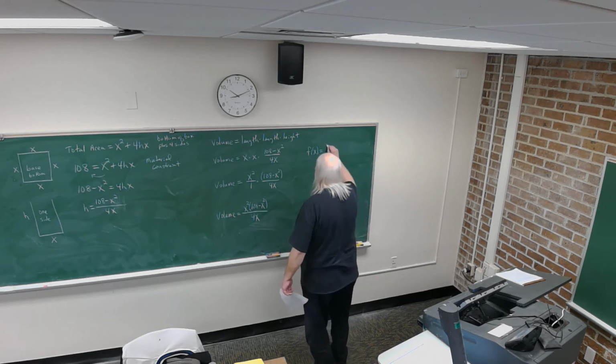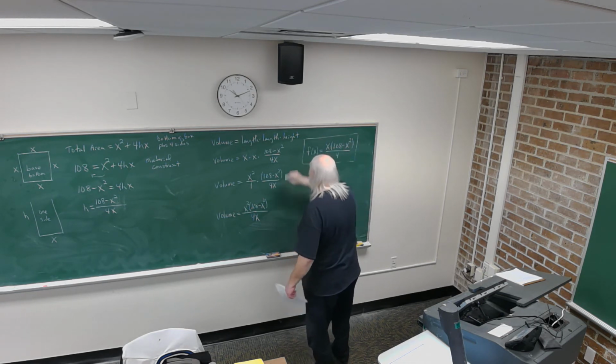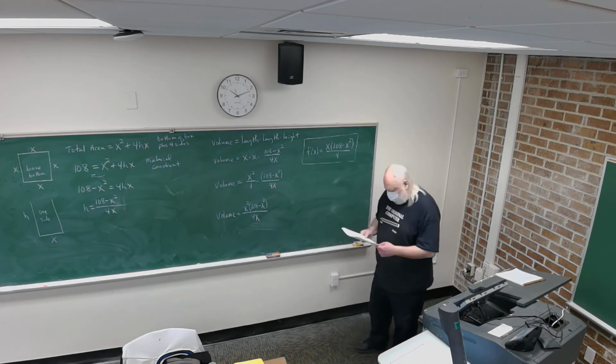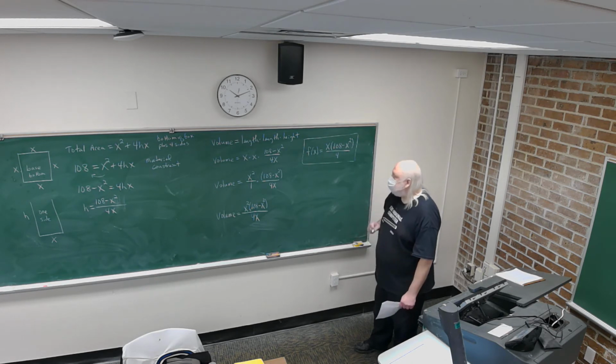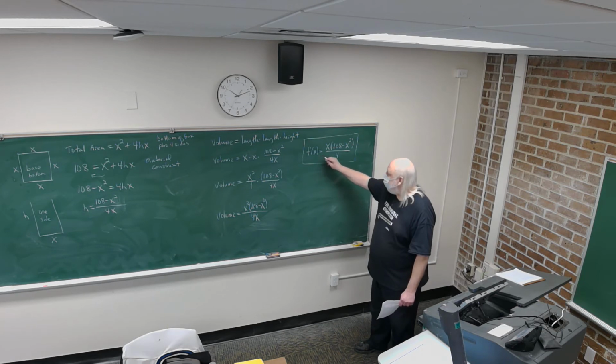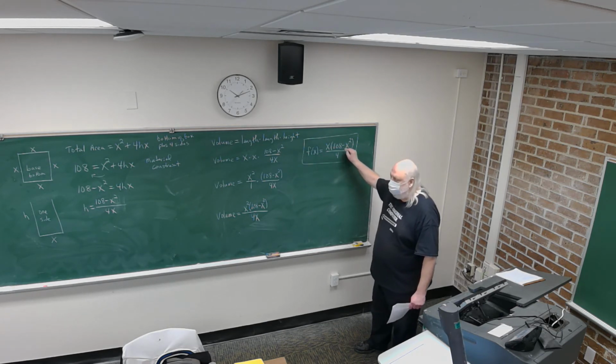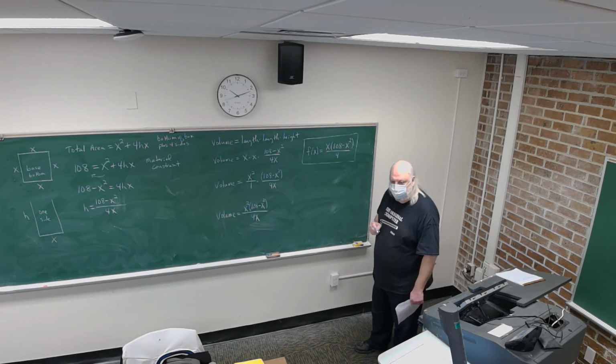And we're left with x times 108 minus x squared over 4. So that is the volume of the box written as a function of the length of one side of the base.